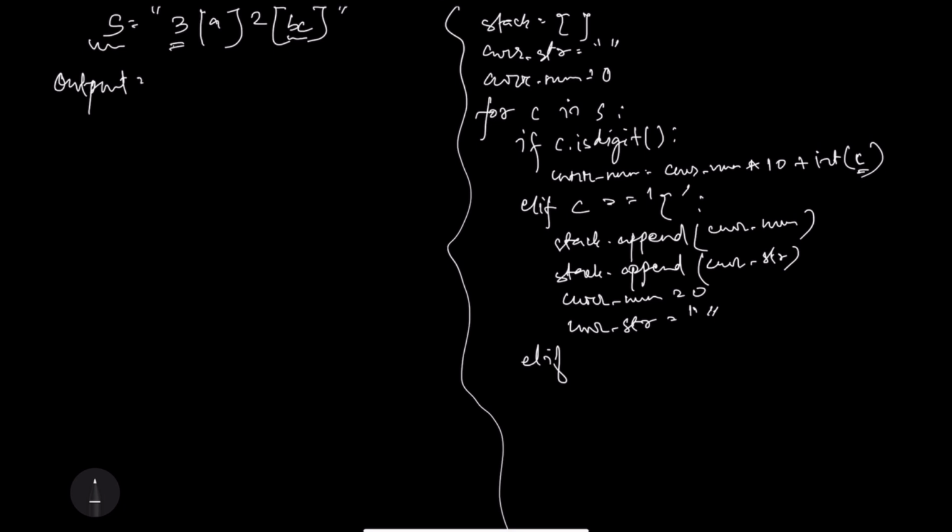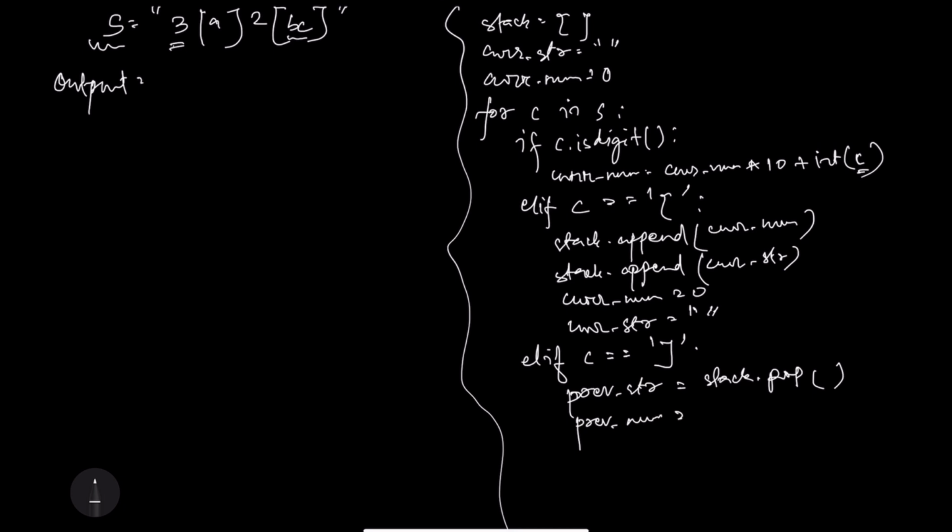Else if our character is a closing bracket, we will have a previous string, which would be stack.pop, like whatever string we would have appended, we would pop it. Whatever string we would have made thus far, we would pop that out. We would understand it more when we do our dry run.